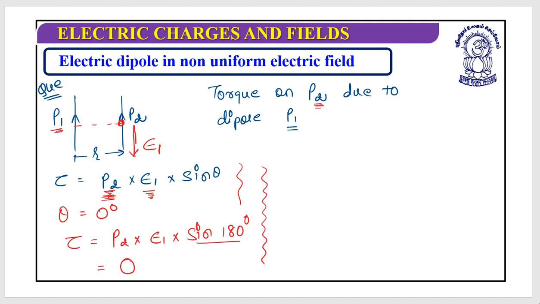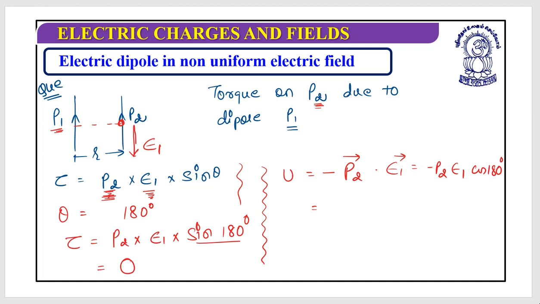Want to go beyond this? Let's find out the potential energy. Theta is equal to 180 degree. Is it clear? Now let's look at the potential energy. What was its formula? U is equal to minus of P2 dot E1. This is minus of P2 into E1 into cos. Here the case is 180 degree.